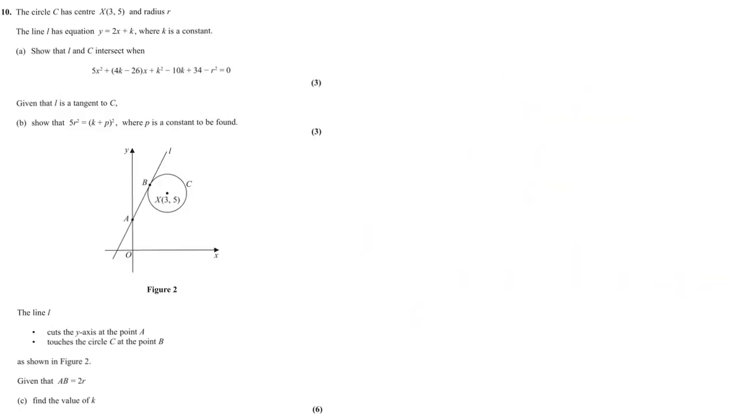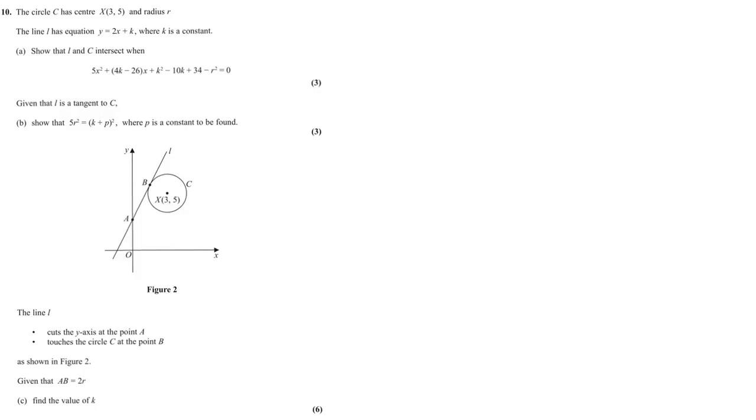Now, final question in the paper. By this point, a lot of candidates will be potentially a bit fatigued, right at the end of the paper. Now, the chief examiner notes that this question was generally answered poorly, with many candidates unable to proceed beyond part A. Part B was not answered as well as part A, and part C was often left blank or with minimal aborted attempts.